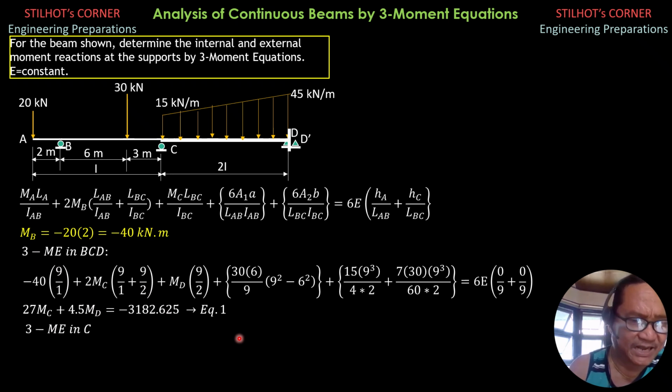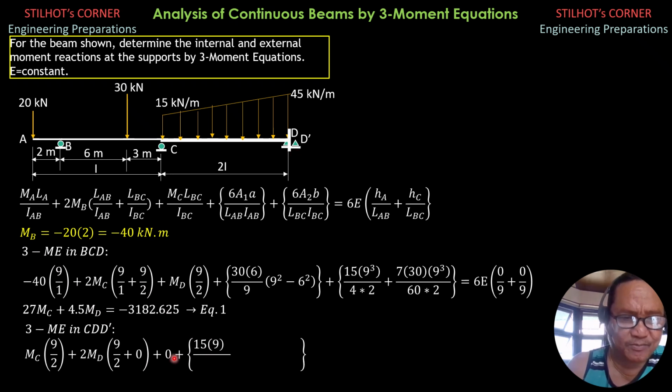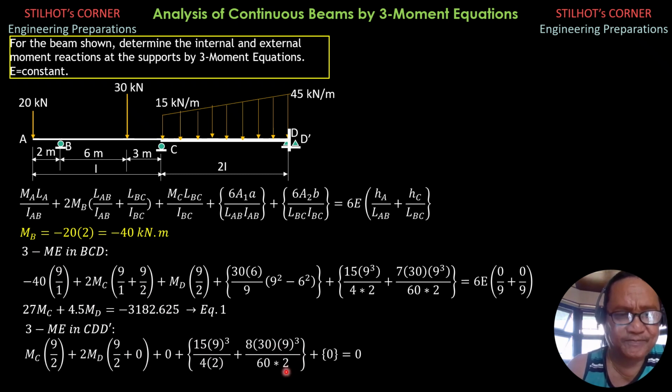So we have MC times 9 over 2 plus 2 times MD, quantity 9 over 2 plus 0, because the span is 0, plus moment at D prime 0, plus 6 area 1A over L1, which is 15 times 9 cube over 4, then over I, which is 2, plus 8 over 60 for the farther end triangular load, 30 times 9 cube all over 2 for the I, and plus 6 area 2B over L2 for this span DD prime, which is 0, there's no load, equals 0.